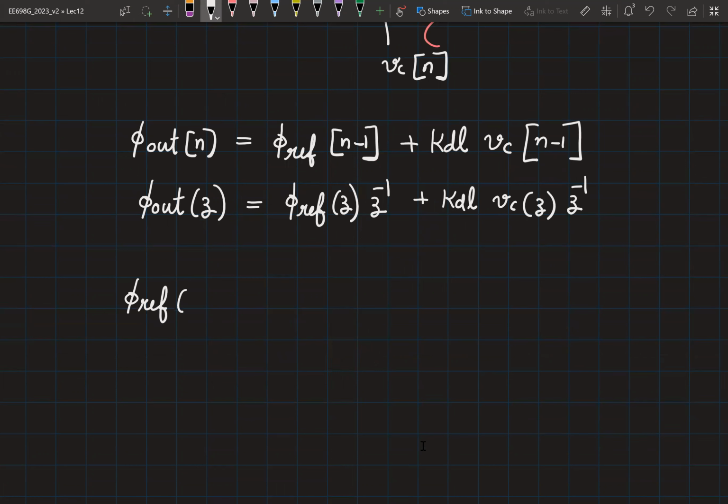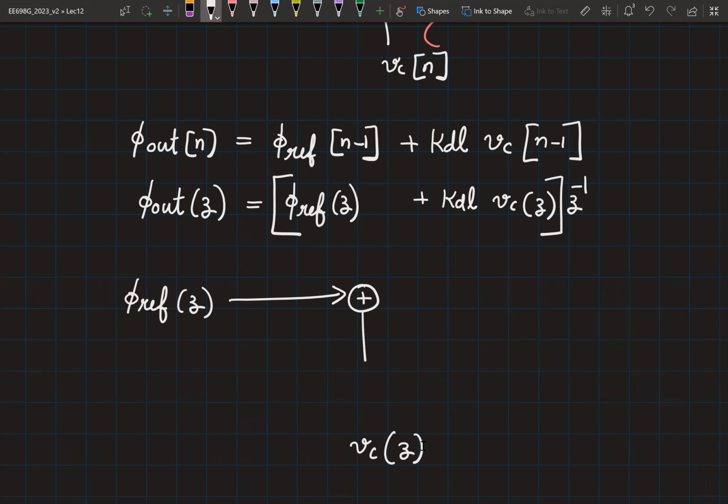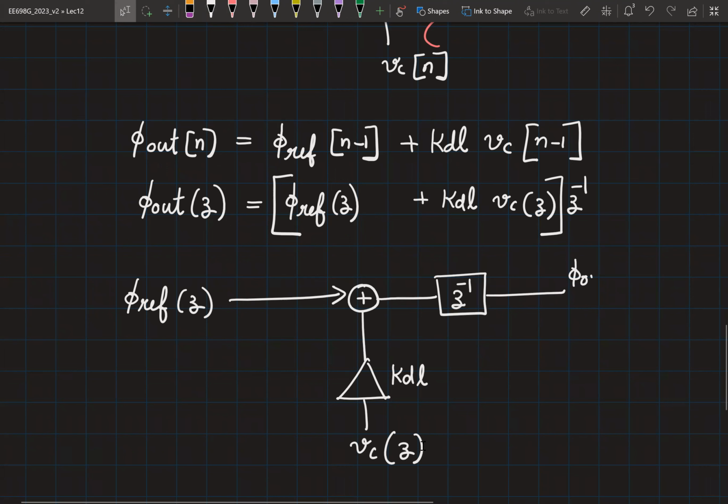So I have a phi ref of Z. So I can take the Z inverse from both sides together like this. So phi ref of Z plus, so VC of Z goes through KDL, and then it sees a delay of Z inverse to give me phi out of Z.